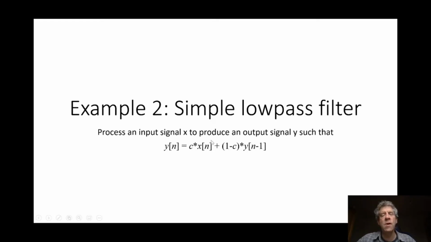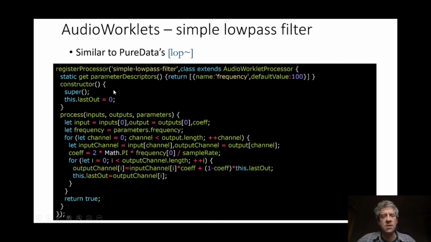So we need to define what it's going to be when it's the very first time we compute it. Very first time we compute the current output, we say that the last output was 0. Okay, so the input track or signal is going to be the very first one, and the output track or signal is the very first of the outputs. So we're assuming here that we will just work with a single track.